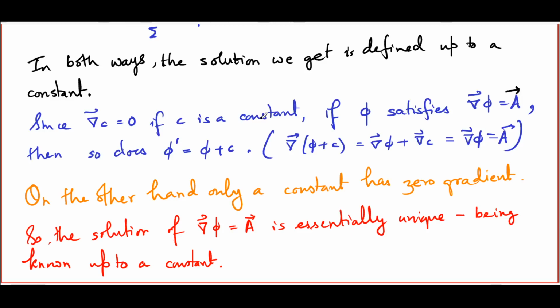So in this case, phi 2 minus phi 1 must be a constant. So the non-uniqueness that you have in the solution of grad phi equal to A is only up to a constant. In other words, the solution of grad phi equals A is essentially unique. Essentially, not actually. Because you can always add a constant to a solution and you will definitely get a new phi which also satisfies the equation.